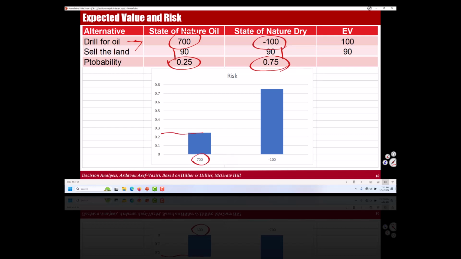The decision maker can check whether, for an expected value of $100,000, they are willing to accept a 75% probability of losing $100,000, or whether they want to just go with $90,000 with 100% probability.